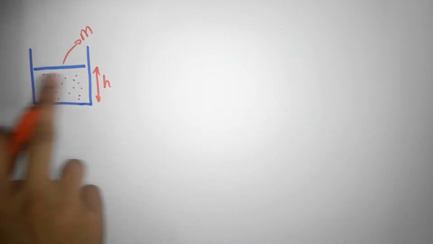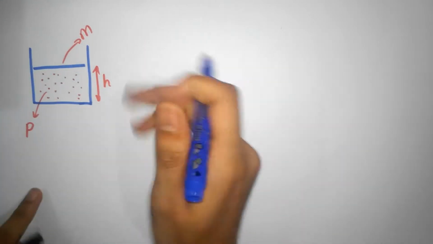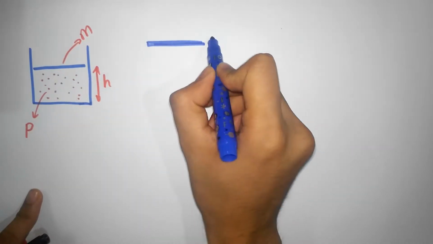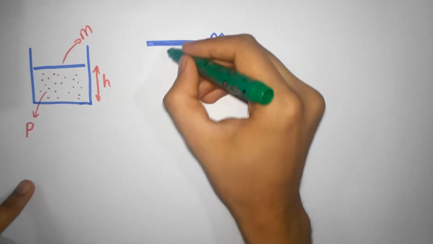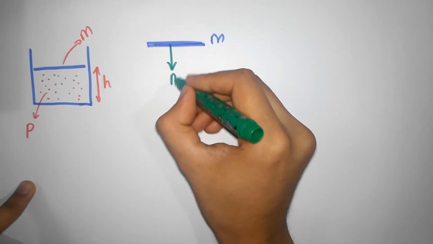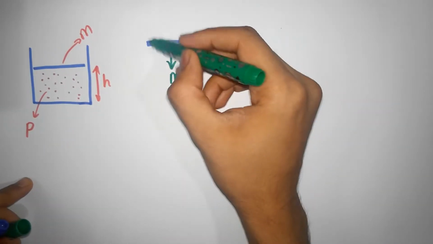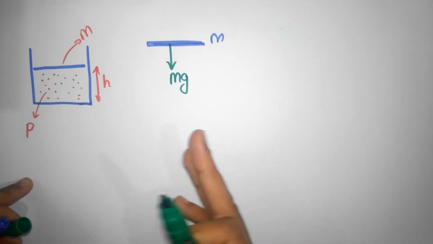Let's try to understand the current situation. The current situation is in equilibrium. So on this piston of mass m, there are two forces acting. There is the gravitational force, that is mg. You could also say there is a force due to the atmosphere acting from the top, but you will see that doesn't matter.